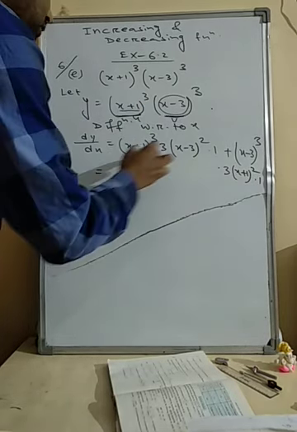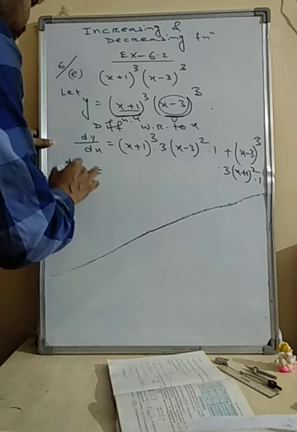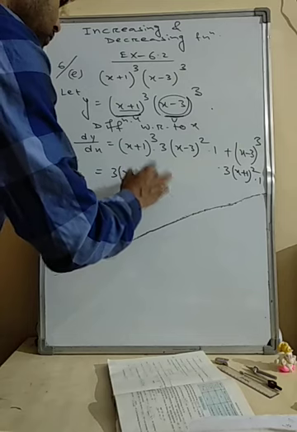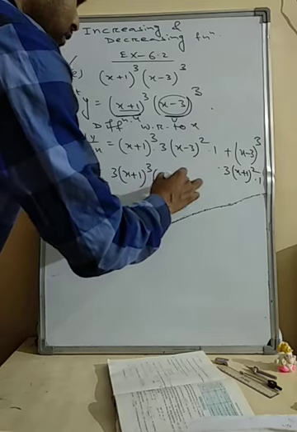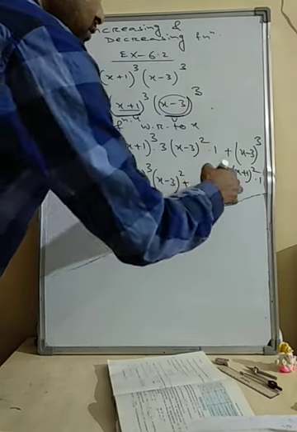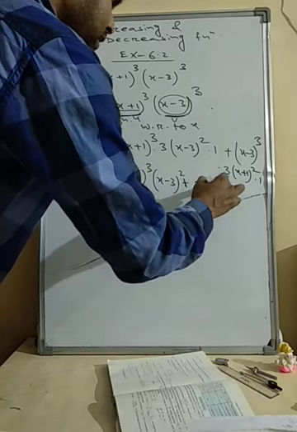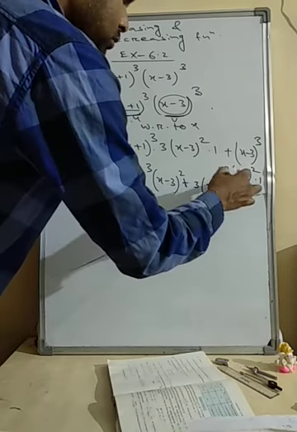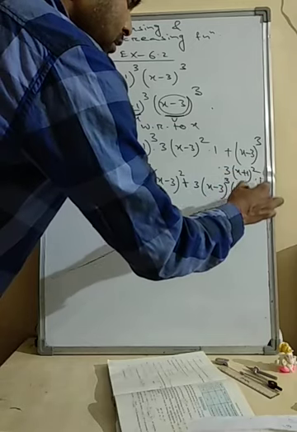So now I got actually this is dy/dx: 3 into (x plus 1) whole cube, then (x minus 3) whole square, plus 3 into (x minus 3) whole square, whole cube, and then (x plus 1) whole square.